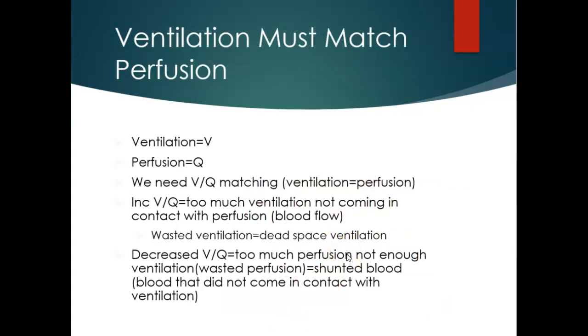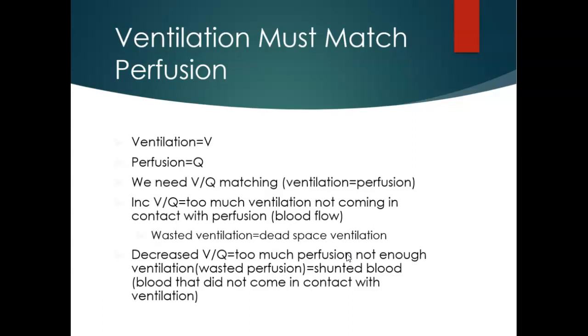So ventilation really is supposed to match perfusion, right? The amount of ventilation that we have is supposed to be close to the amount of perfusion that we have. Ventilation perfusion matching is that VQ ratio, V standing for ventilation, Q for perfusion. If this is increased, that means there's too much ventilation, and that ventilation isn't coming into contact with blood flow.